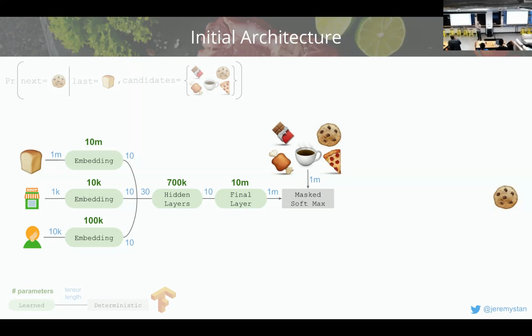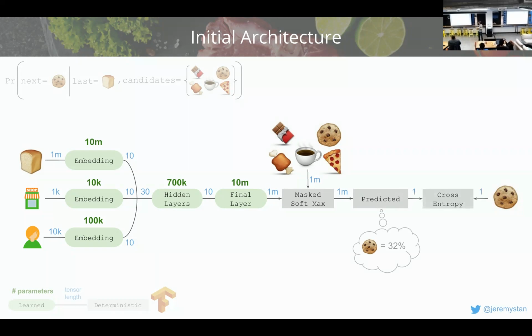And then we can mask just the candidates that we care about. And so only allow for an activation there if it's in the candidate set. And you end up with a probability distribution over these 5 candidates. And that will give you a predicted chance that the next one is cookie. In this case, maybe the chance that it's cookie is 32%.